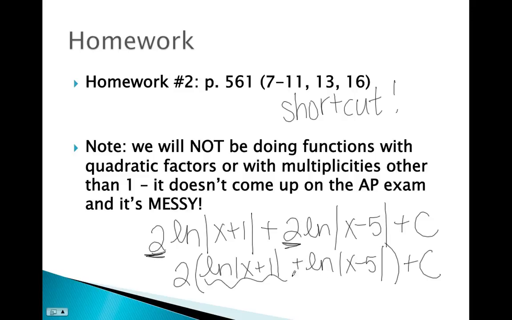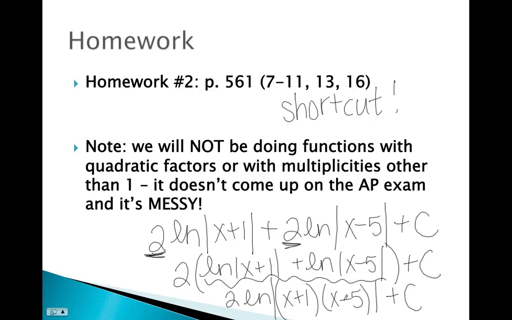You need to remember your log rules. 2 logs with equal coefficients added together are equivalent to the product of their arguments. Yes, adding 2 logs means multiplying their arguments.